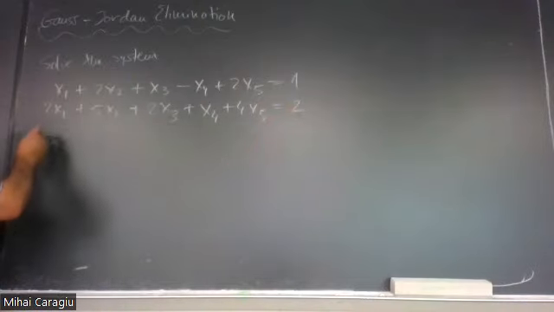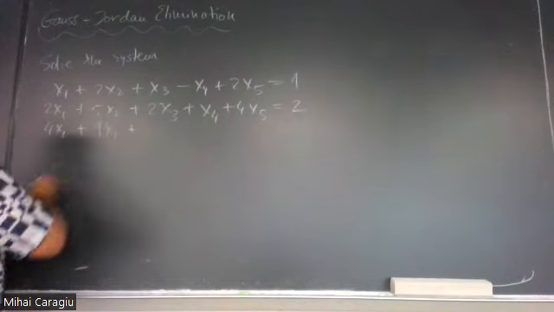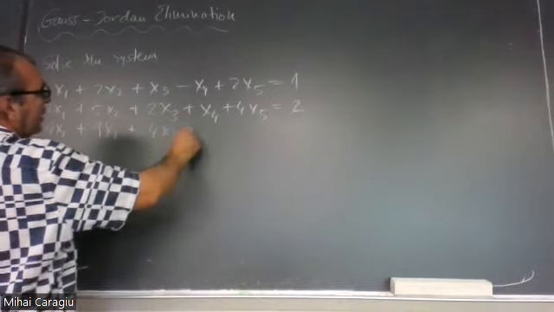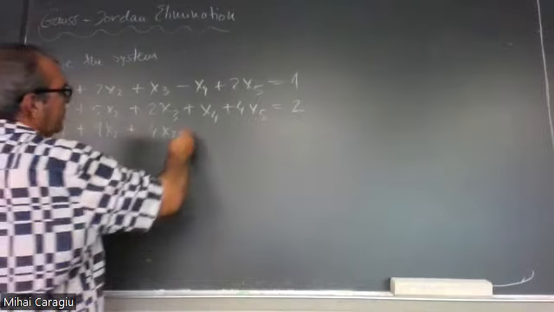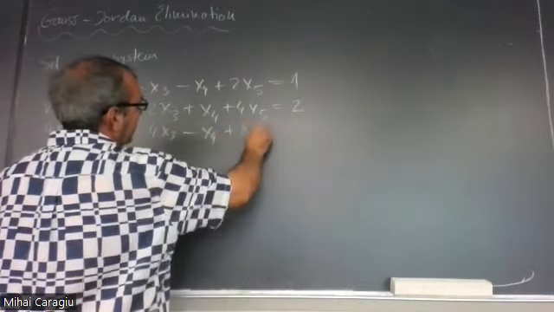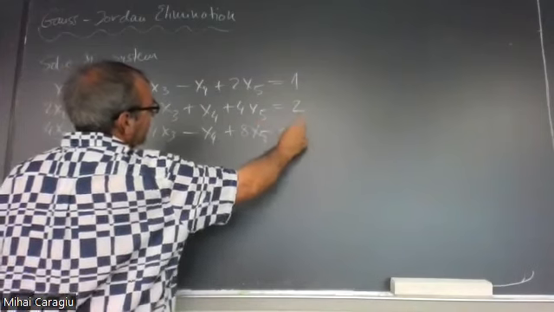And then 4x1 plus 9x2 plus 4x3 minus x4 plus 8x5 equals 4.